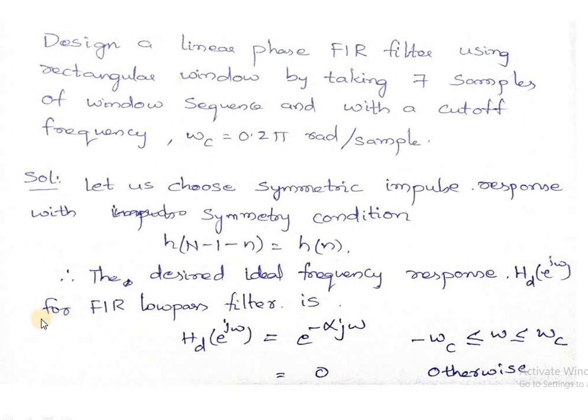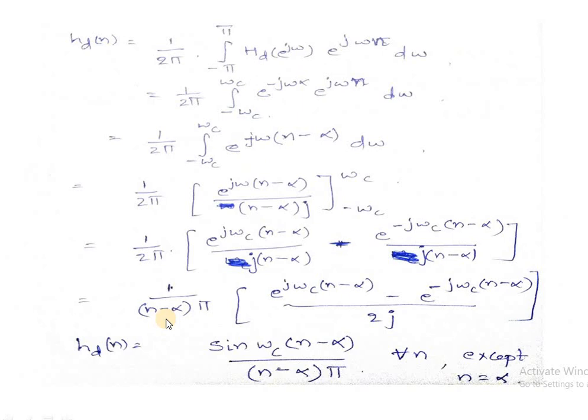Whenever we take the ratio of the frequency responses of the output to the input, generally it will be in the form of an exponential. I hope that everyone understands why HD of e power j omega is taken as e power minus alpha j omega.